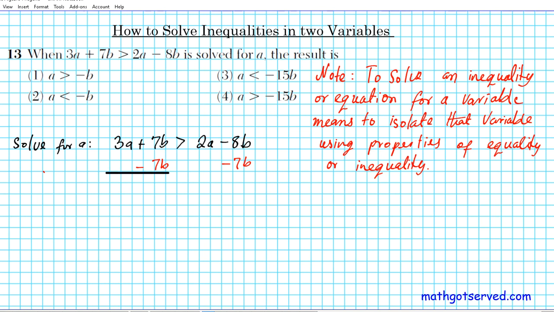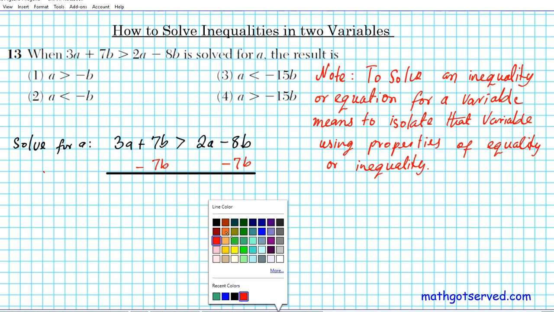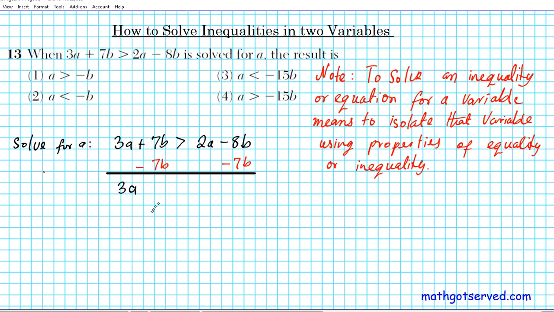Alright, this property is similar to that of equations, of equality too. So what happens? We have 3a. Now, positive 7b minus 7b, those two add up to 0, so that's gone. 3a is greater than 2a.